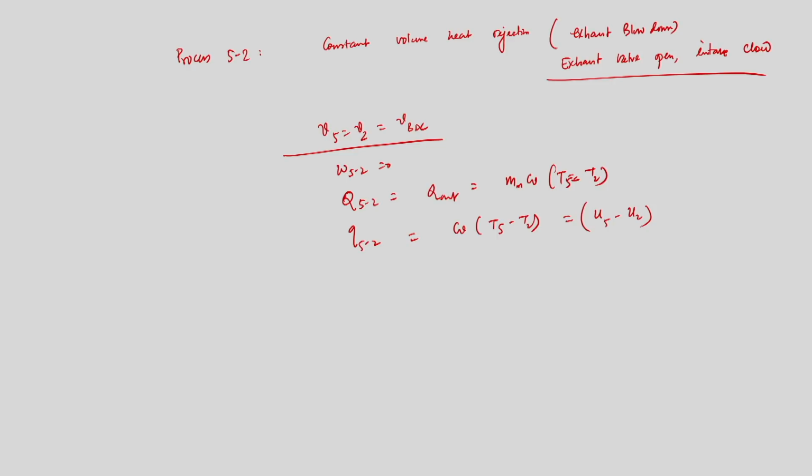So, this will be m dot CV into T2 minus T5, and this will be equal to U2 minus U5.